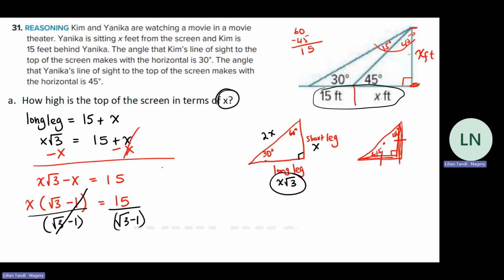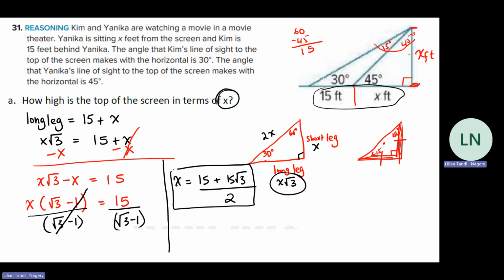Now, this gives me X equals, put this in the calculator, because in math, the square root sign cannot be in the denominator. So 15 divided by square root of 3 minus 1 will give us 15 plus 15 square root of 3 over 2. And this is your answer to this question.